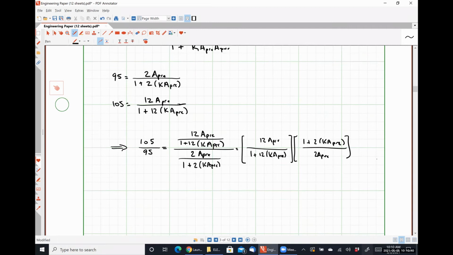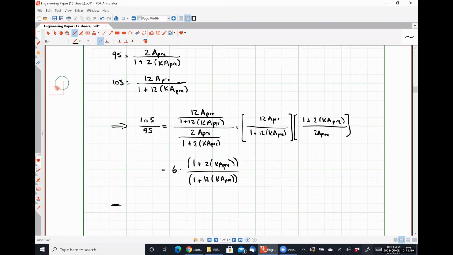And from this, I can see that I'm just going to have 6, because that's 12 A preamp divided by 2 A preamp, times 1 plus twice K A preamp over 1 plus 12 K A preamp.